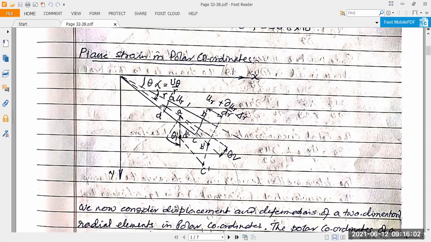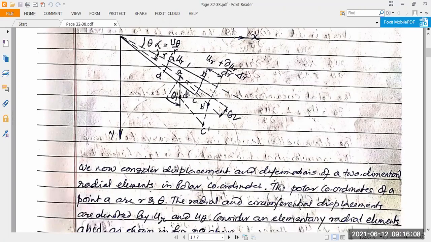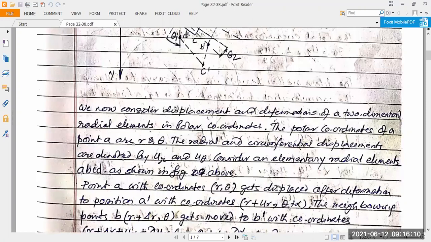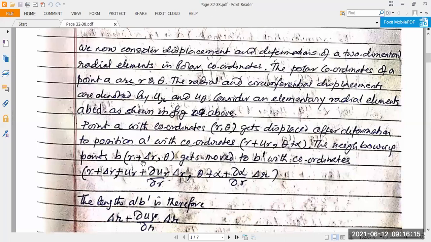So the line O to B subtends an angle with the x-axis, with radial distance r plus delta r, which is equal to theta itself, because it is on the same straight line through which O to A is plotted.